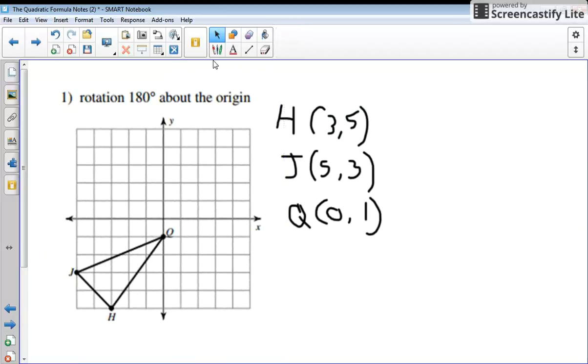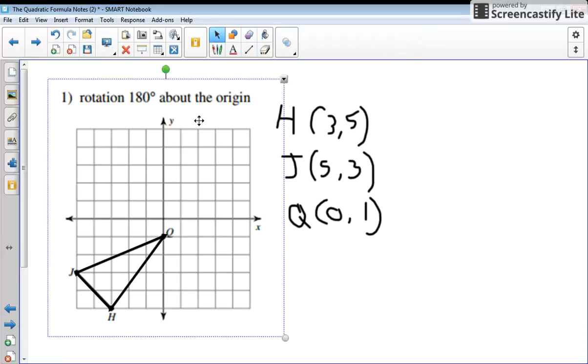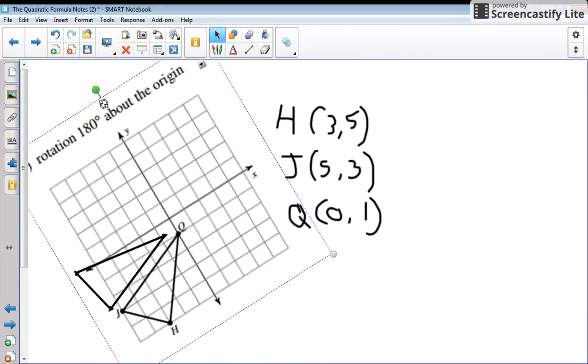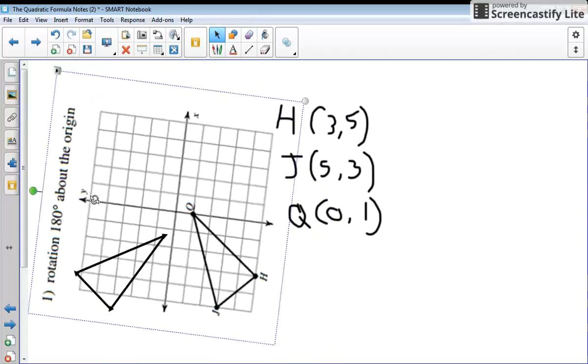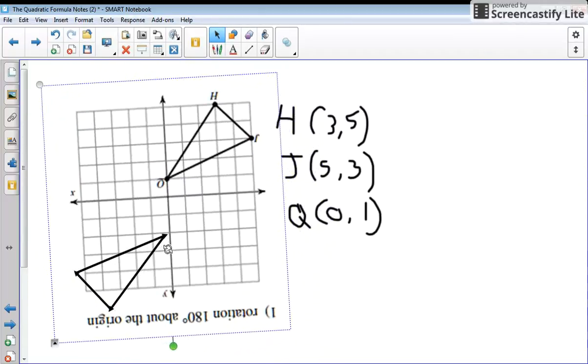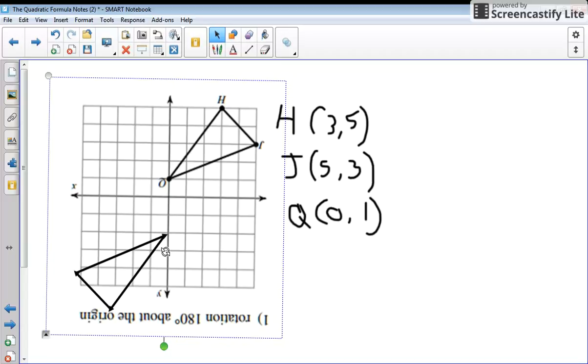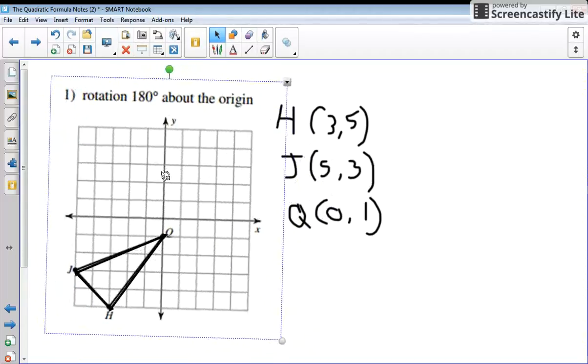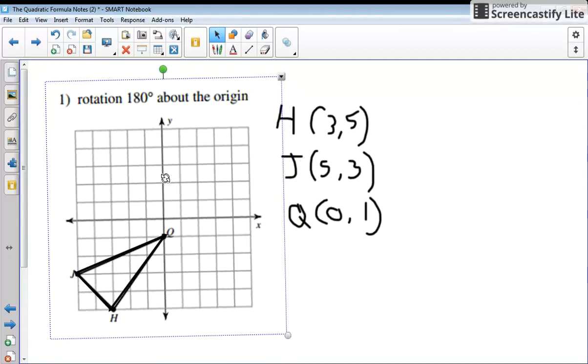In other words, if I just sort of show you here, there's the original triangle. When I rotate it, watch it move. See how it moves and the original triangle just stays there? Voila, there's your new triangle, there's your original.